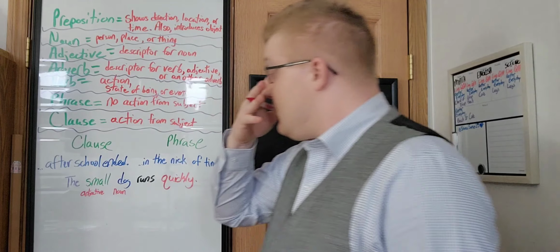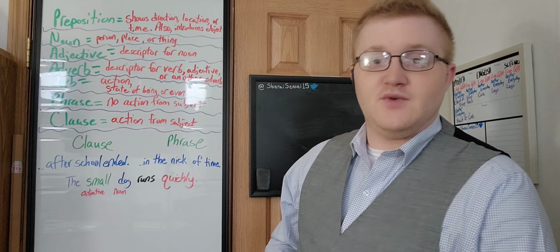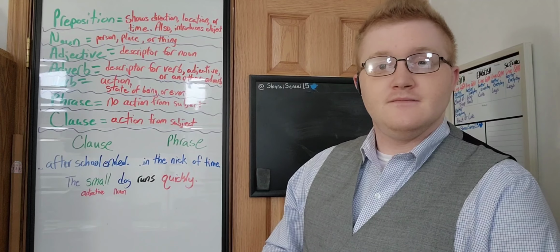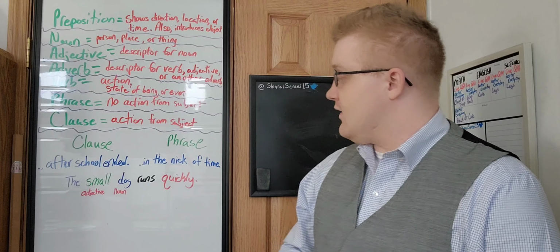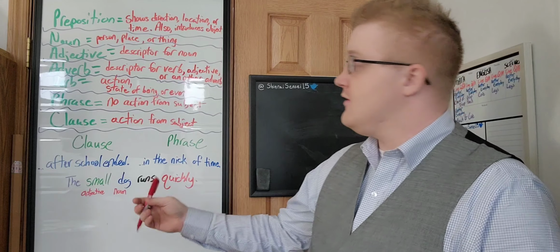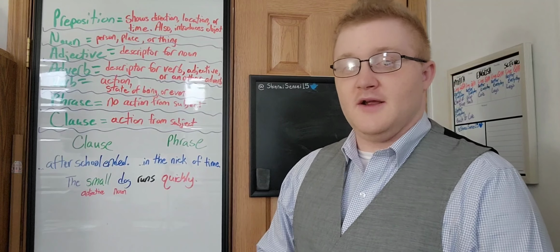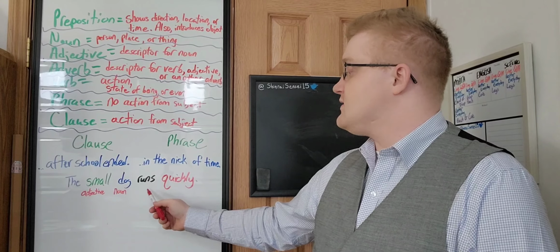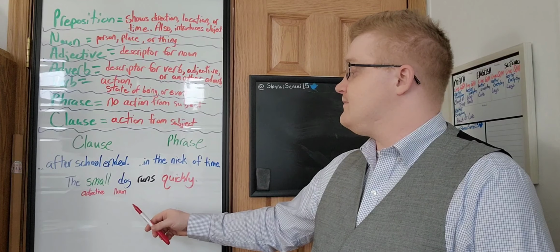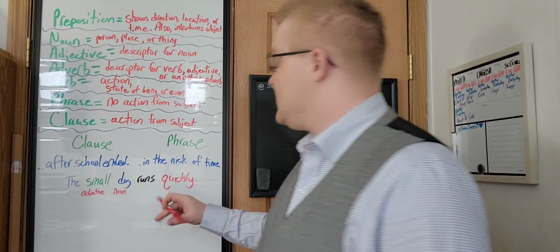All right? The dog is doing what? That's right, the dog is running, or in this case, in the proper sentence that we put here, the dog runs, right? So the small dog runs. What's runs? That's right, it's a verb.